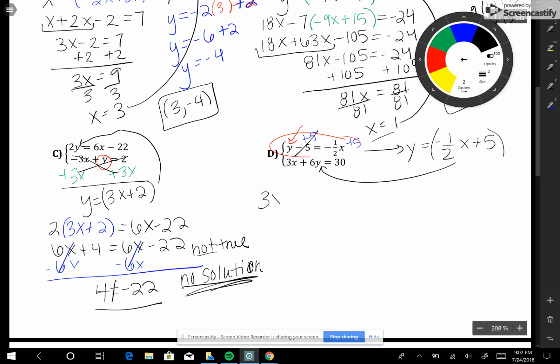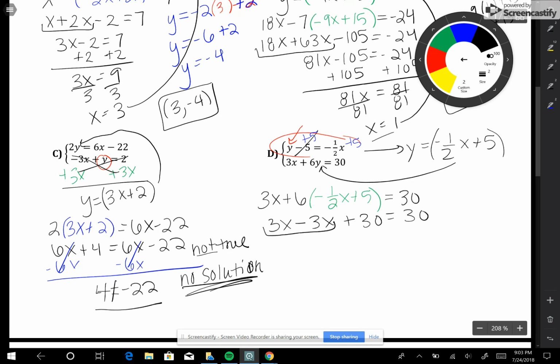So I have 3x plus 6 times negative 1/2 x plus 5 equals 30. I'm going to distribute that 6, so 3x, 6 times the negative 1/2, half of 6 is 3, multiplying by negatives will be a negative 3x, plus 6 times 5 is 30, equals 30.